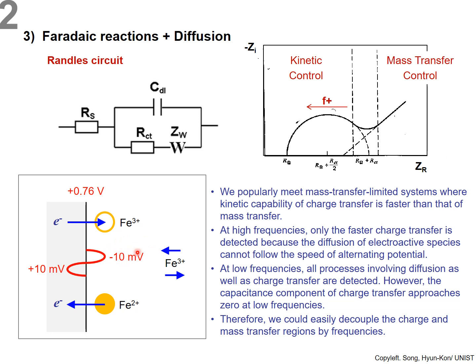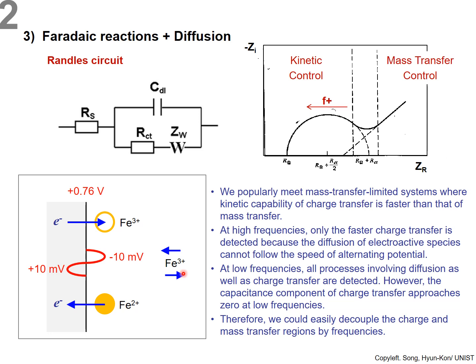At minus 10 millivolt, Fe3+ is converted to Fe2+. So we would experience the lag of Fe3+. So Fe3+ is diffused from the bulk electrolyte into the surface, or vice versa. But the speed of the Fe3+ or Fe2+ diffusion is really slow.